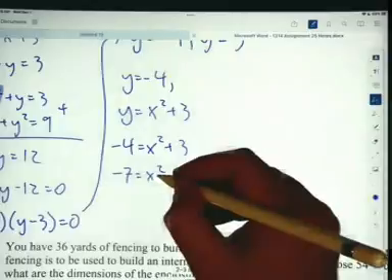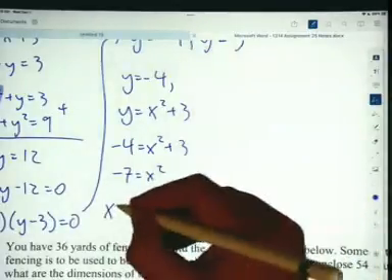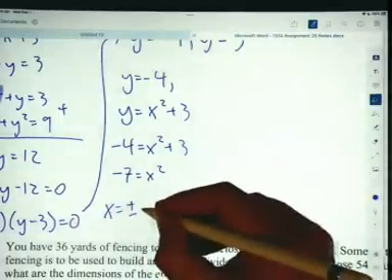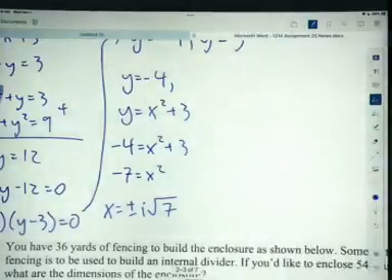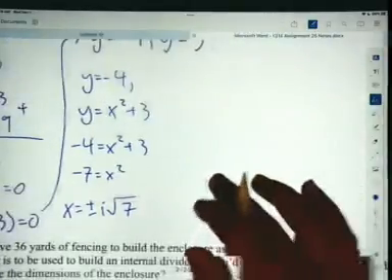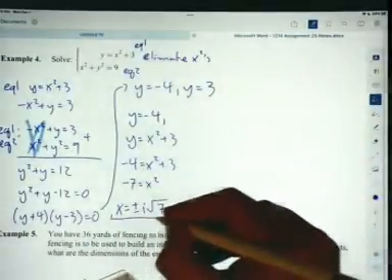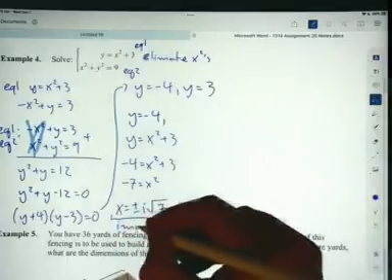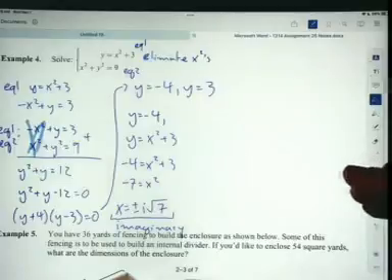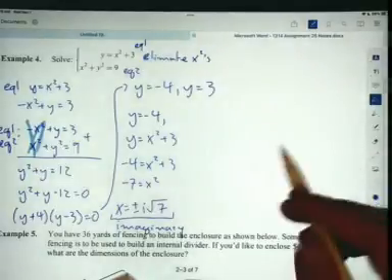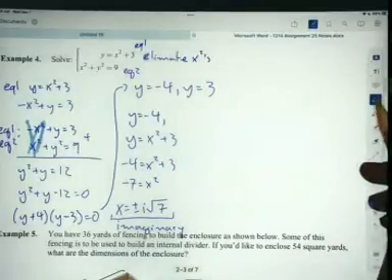Now that's a negative 7, so when you square root both sides, you're going to end up with an imaginary number. You're going to end up with x is equal to plus or minus i times the square root of 7. Now, one of the things that we have here is imaginary answers. And I didn't have time to ask anybody, but do we include imaginary answers in our solution sets?